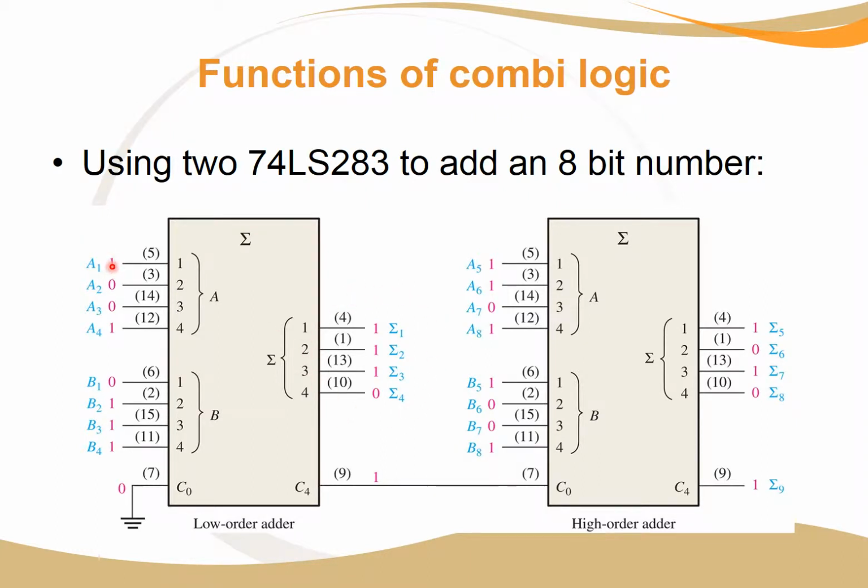So here we see adding A1 and B1, 1 and 0 is a 1. A2 and B2, 0 and 1 is a 1. B3, A3, 0 and 1 is a 1. And B4 and A4, 1 and 1 is a 0 with a carry of 1, to the next IC.